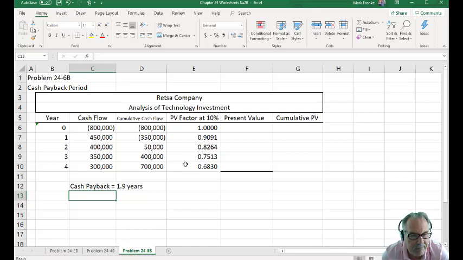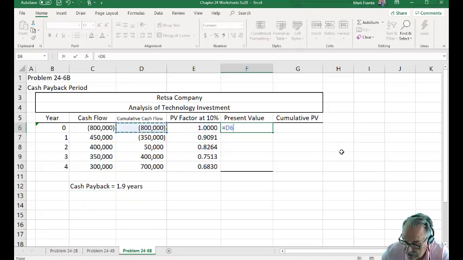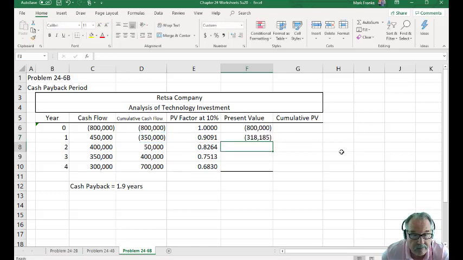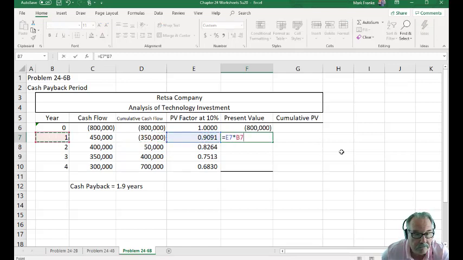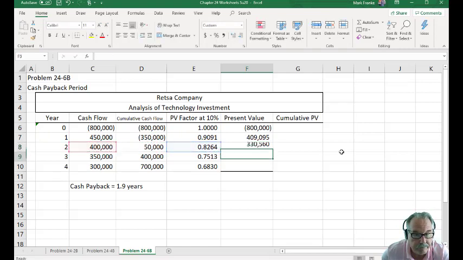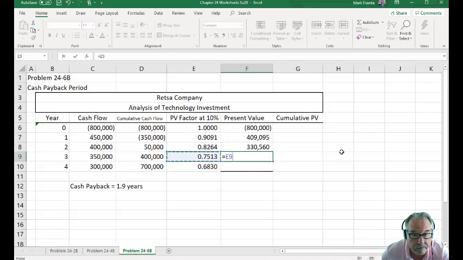So I'm using 1.9. Now, if we multiply the cash flow each year times the factor, the original cash flow, what this is going to do is tell us what the net present value is.